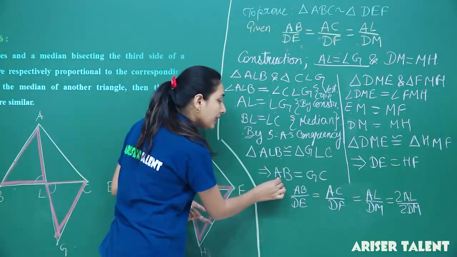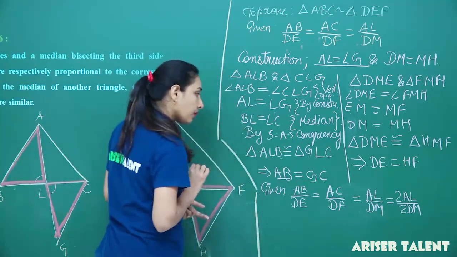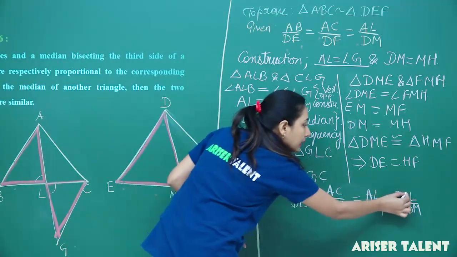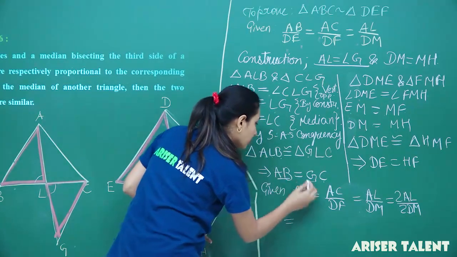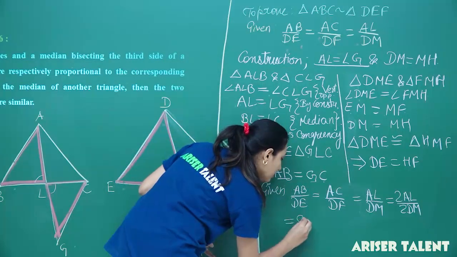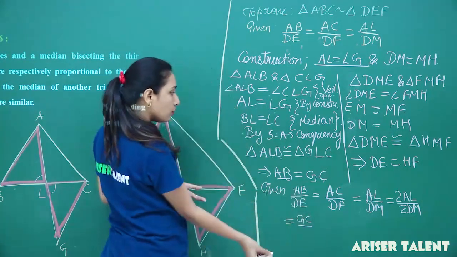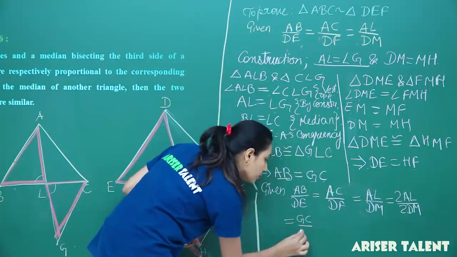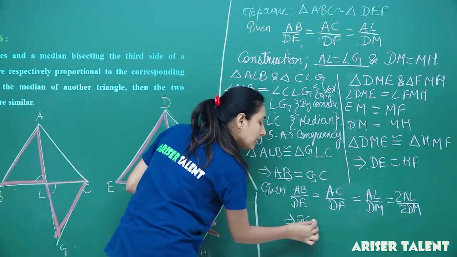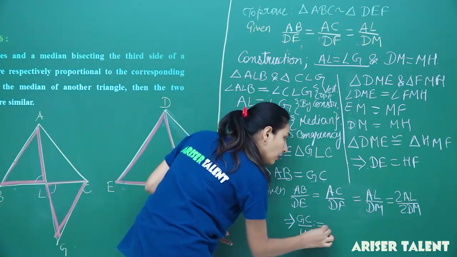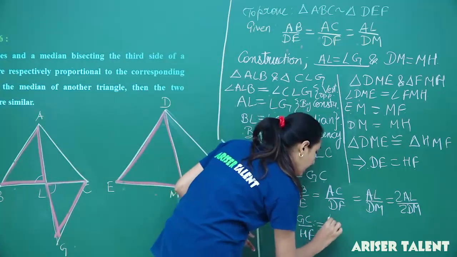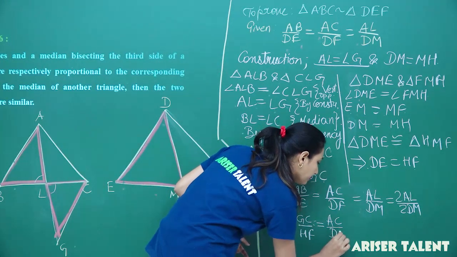Now can I replace AB by GC, and DE by HF? So AB by DE can be written as GC by HF. Now AC by DF, write it as it is.